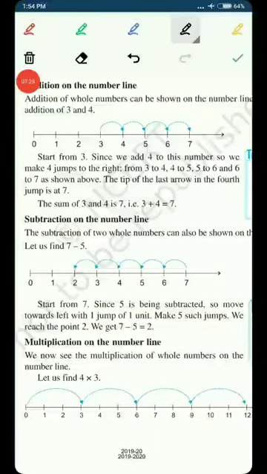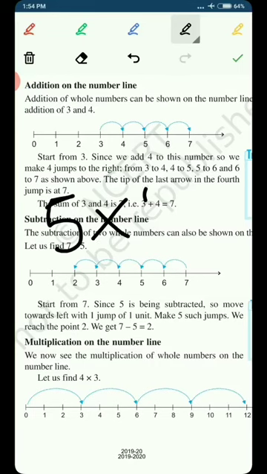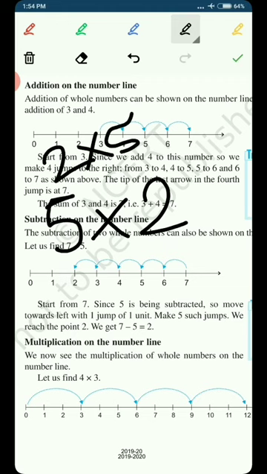Let's take one more example. Suppose we have to multiply 5 with 2. You can take it as 5 into 2, or you can take it as 2 into 5. That doesn't matter.